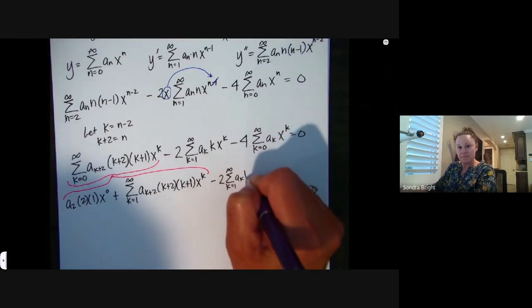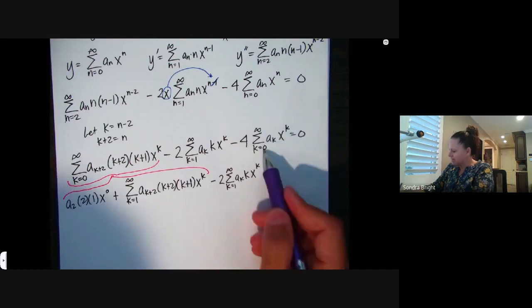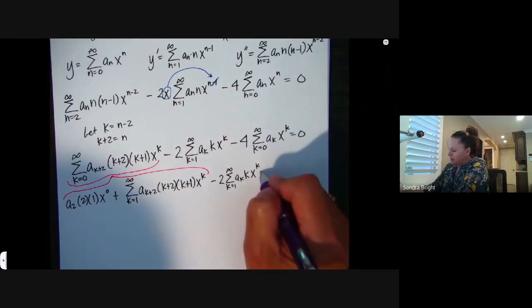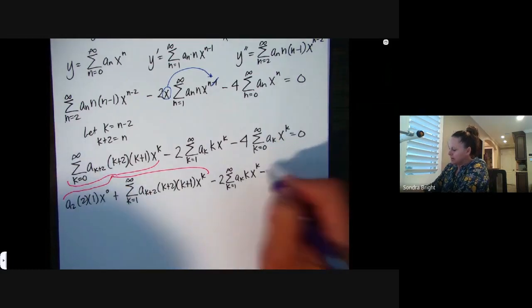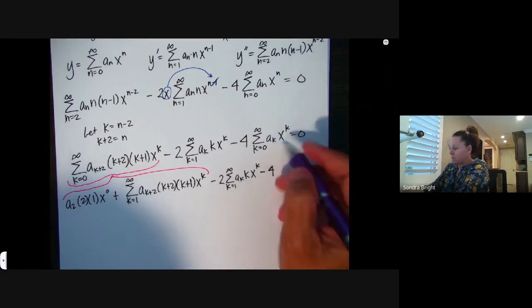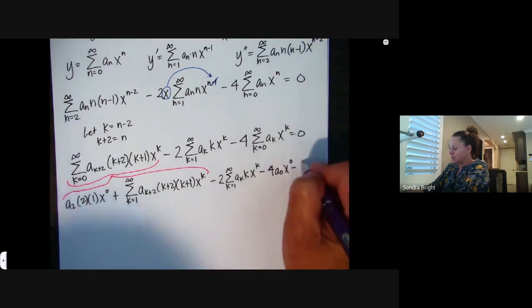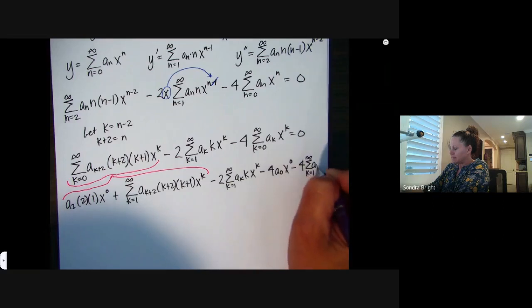And then I'm going to do the same thing here, where I'm going to plug in a 0. So this is a minus 4 times a0 x to the 0, minus 4 a naught. Now I'm starting with k equals 1. Okay, and then the whole thing is equal to 0.